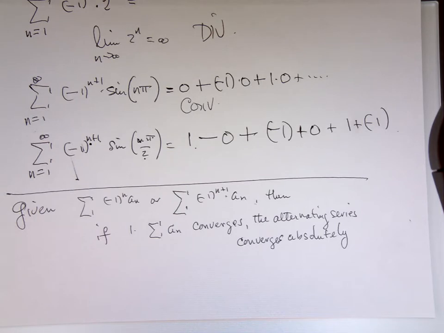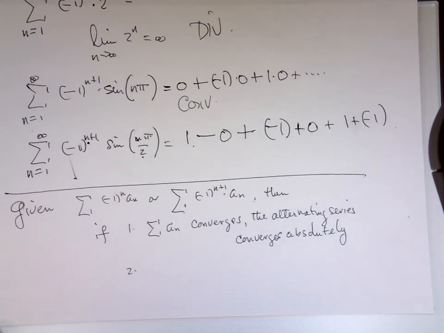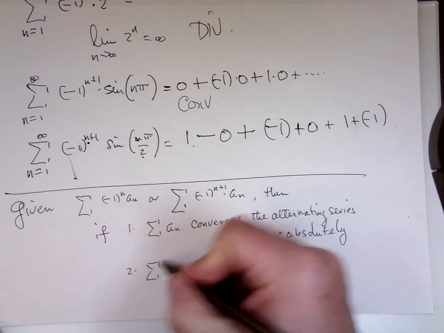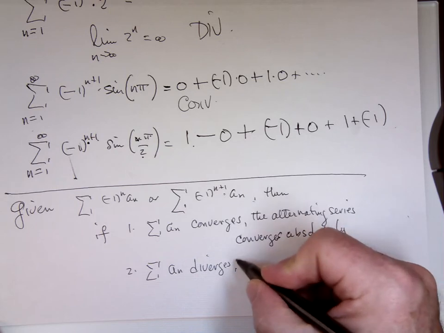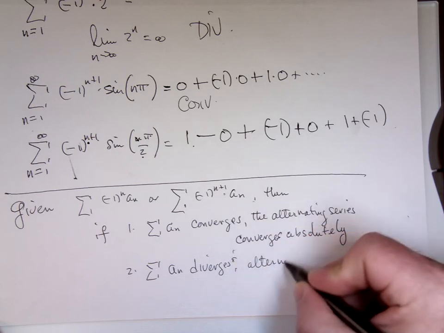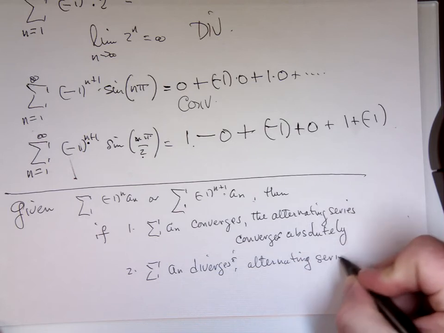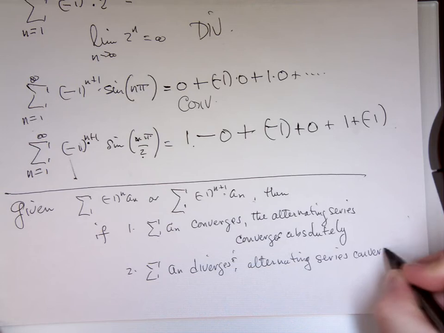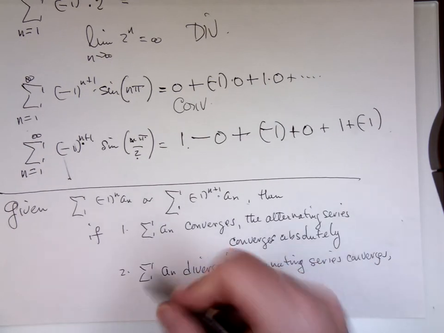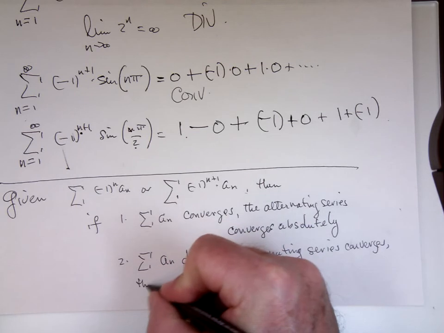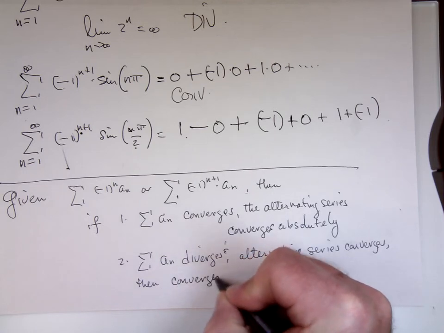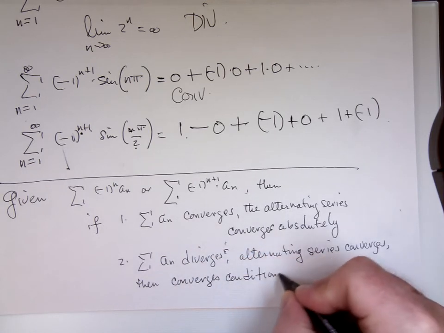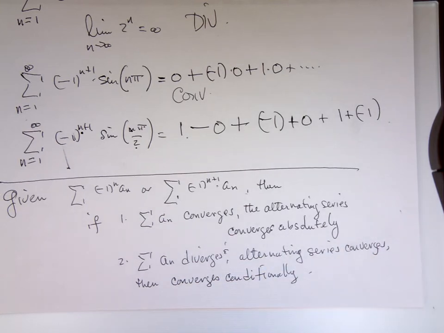If the positive series diverges and the alternating series converges, then the alternating series is said to converge conditionally. If number 1 happens, then it converges absolutely.